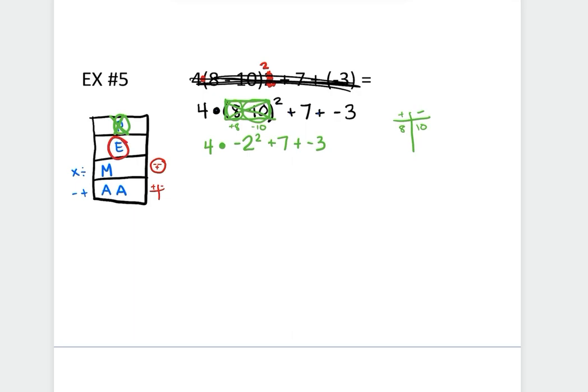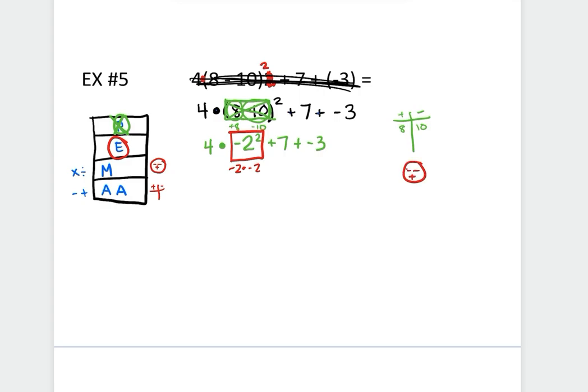This time I do have an exponent. So when we put a box around that exponent, this is a negative 2 in the exponent. So that means I write negative 2 times and I multiply. Okay, and when we multiply with negatives, we have to use integer man. So over here I'm going to draw my integer man.